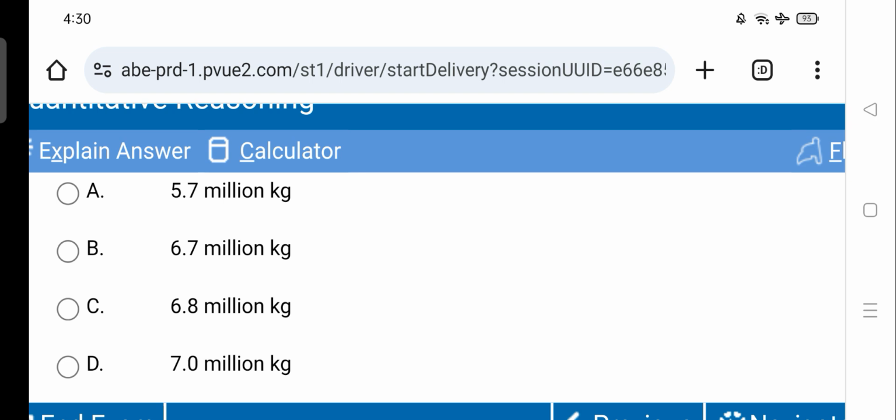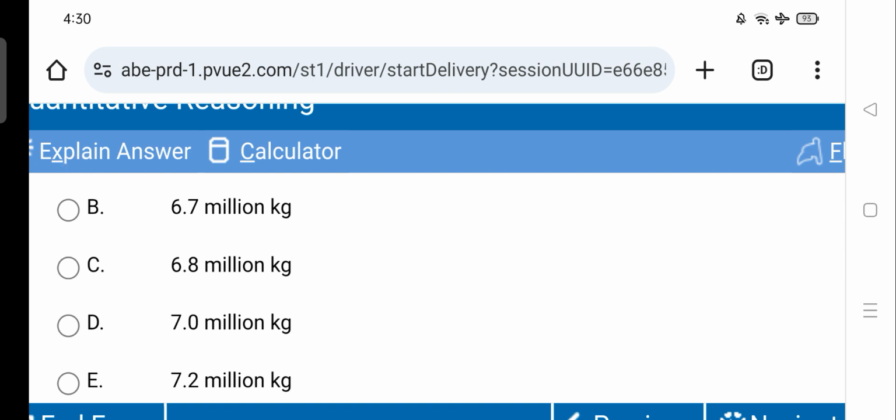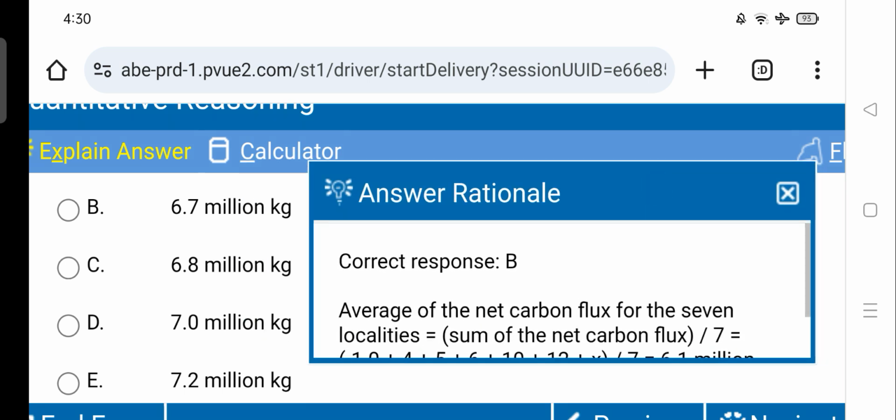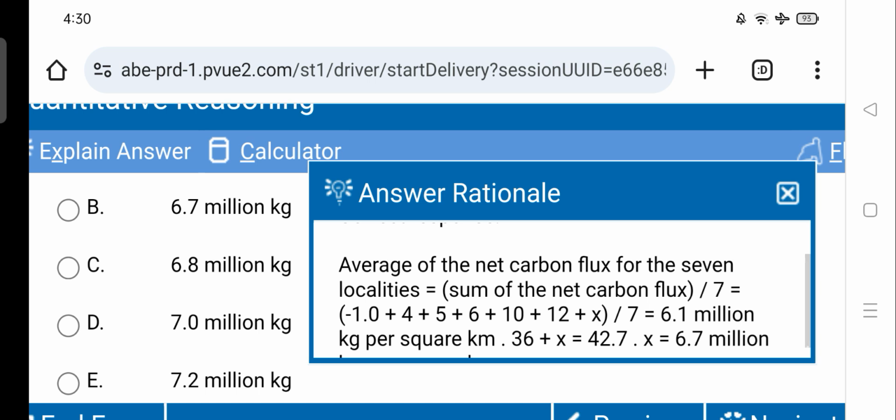Option D, 7 million kilograms. And then we have option E, which is 7.2 million kilograms. The correct response is option B.